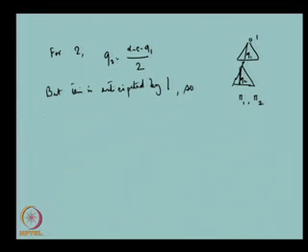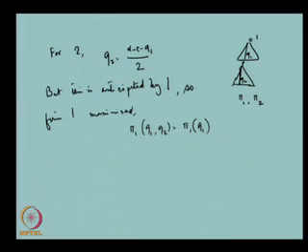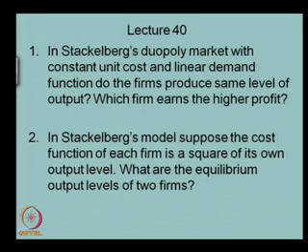So, firm 1 maximizes pi 1, which is a function of q1 and q2, but which basically turns out to be a function of q1 only, and that gives him this output. So, here player 1, that is firm 1, has some advantage because he can anticipate the reaction of firm 2, and therefore, he earns more profit and also produces more output.